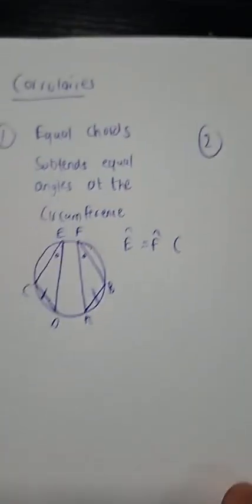The second corollary has to do with equal chords. We say equal chords subtend equal angles at the center. Okay, so we're going to look at the diagram that relates to that.